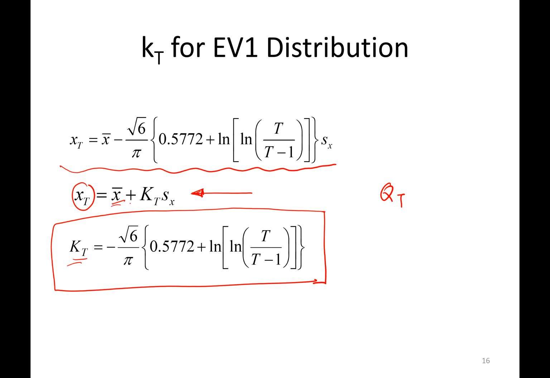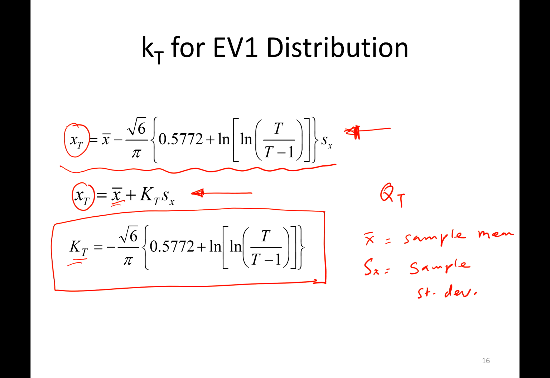So x bar is the sample mean, and sx is the sample standard deviation. So with the EV1 distribution, you can either use the frequency factor method or you can use the expression that we derived before, which is basically this, to get xt.